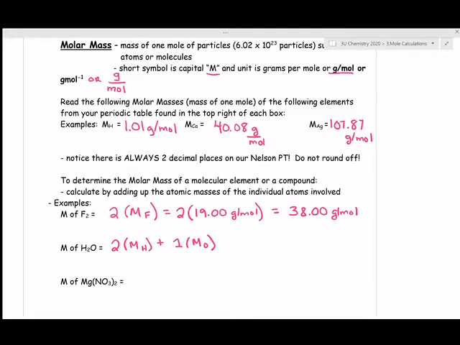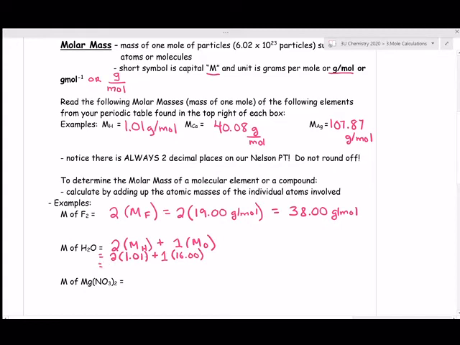You will be doing these straight on your calculator and not showing any work whatsoever, and that is fine. So this is 2 multiplied by 1.01. Also, I'm going to get lazy, and when I'm adding these up, I'm not going to keep writing grams per mole, but in my final answer, I absolutely will. So an oxygen is 16.00.